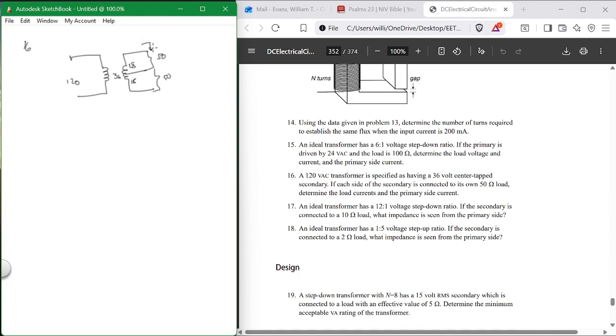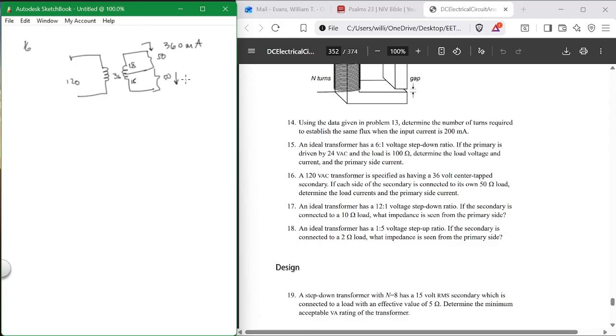We talked about that, and it was 18 divided by 50. 18 divided by 50 is 0.36, it's 360 milliamps. So I up here is 360 milliamps.